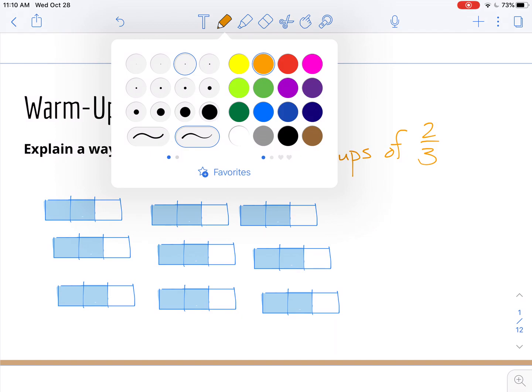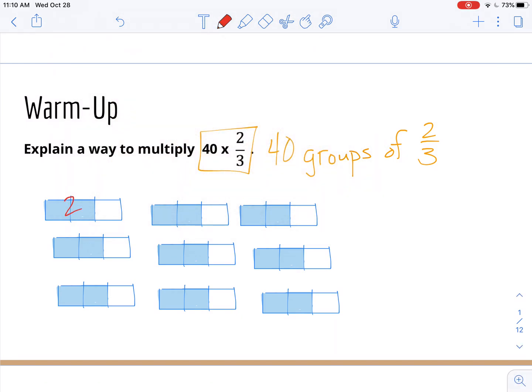But I can see that in each picture there's 2 colored in. 2, 2, 2, 2, 2. I'd have 40 groups of 2 blocks of blue. That means I'd have 80 total blue blocks. And then for my denominator, I don't want total blocks.